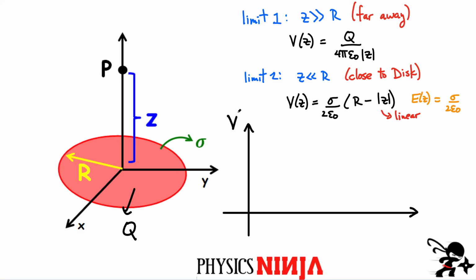Now, if we were going to make a sketch of what V looks like as a function of distance, it would look something like this. So in this first section, it would be linear, and the term here has a negative slope, so it goes down, and then eventually it starts dropping, and when you're far away, again, it looks like 1 over z. 1 over z down in this area right here when you're far away from it. And when you're close to it here, it's linear.